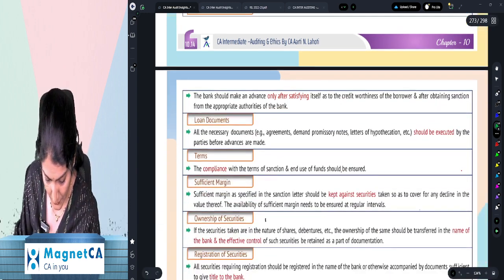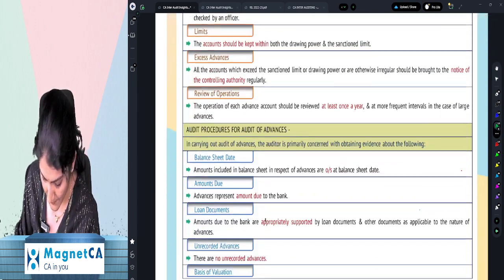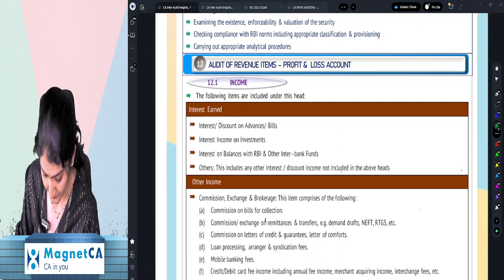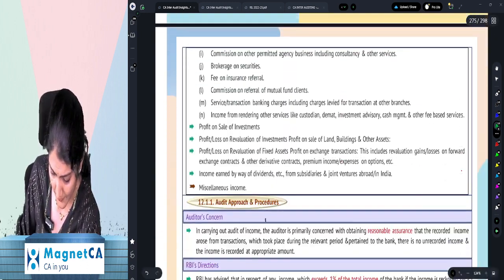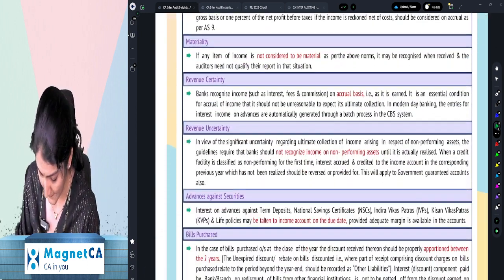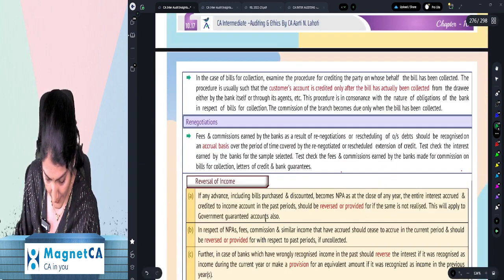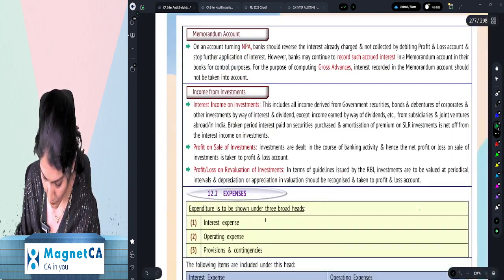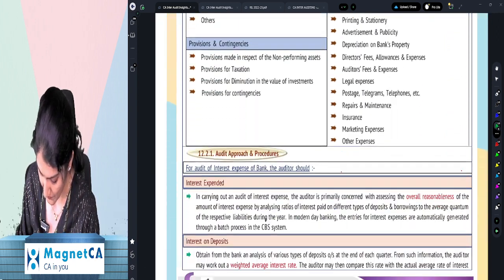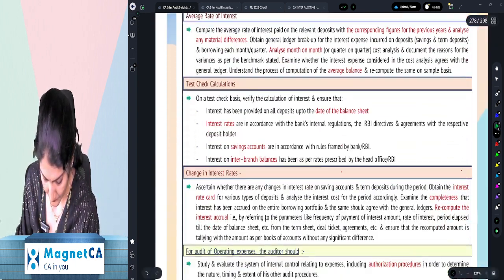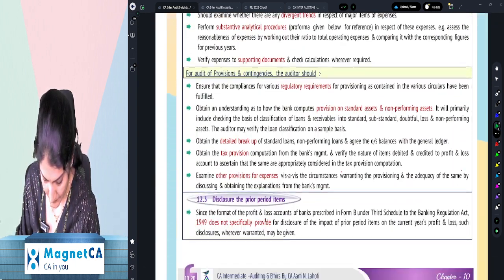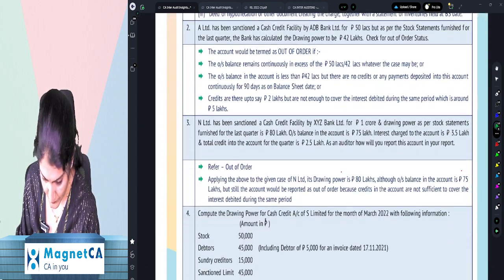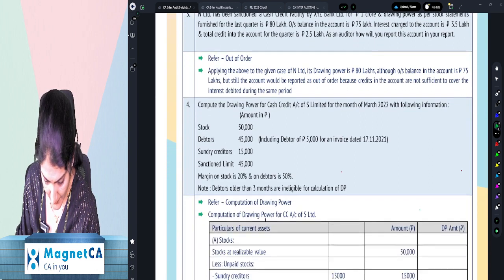Right, so what we'll do, we'll come to this audit of advances, but we'll just see one question regarding this computation of DP, the computation of the drawing power, okay? Right, so over here, yeah, this one.